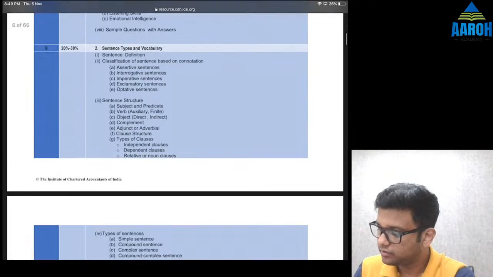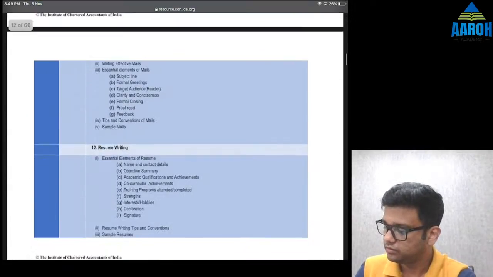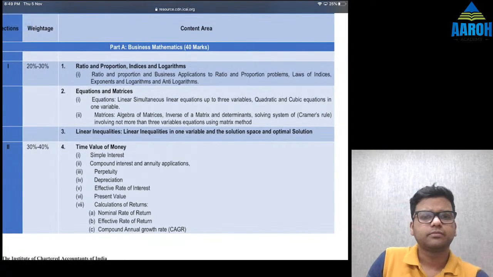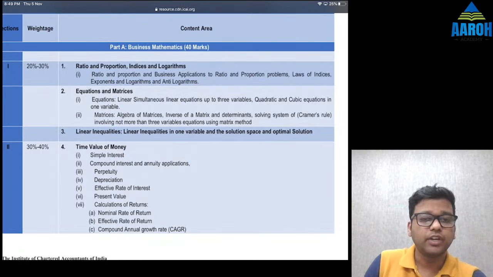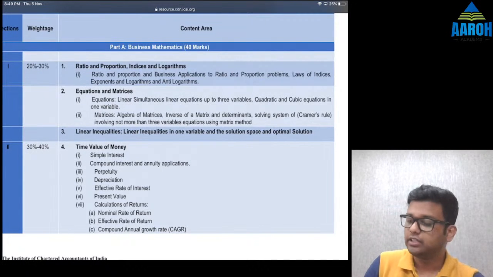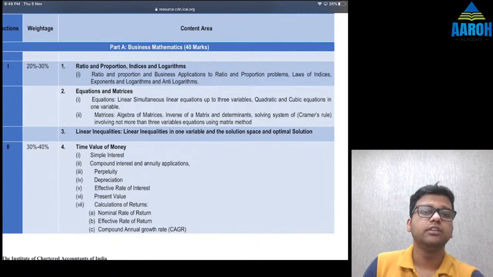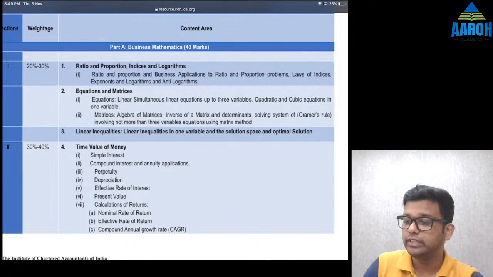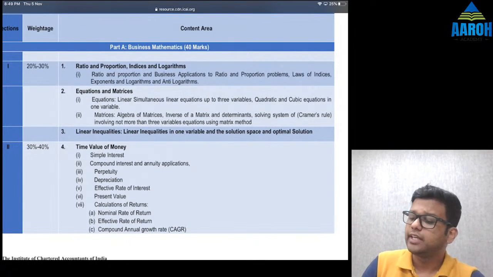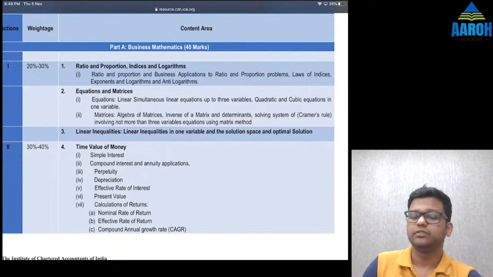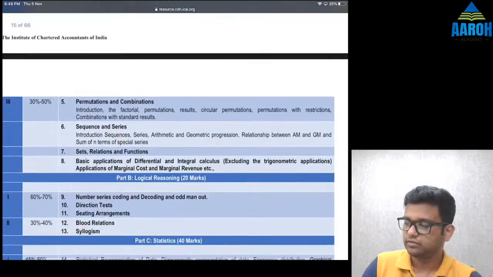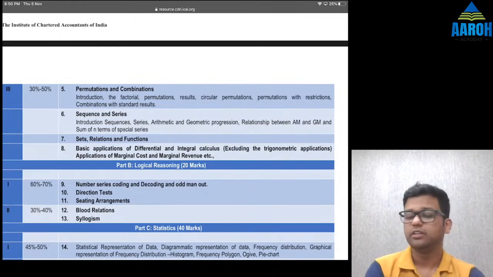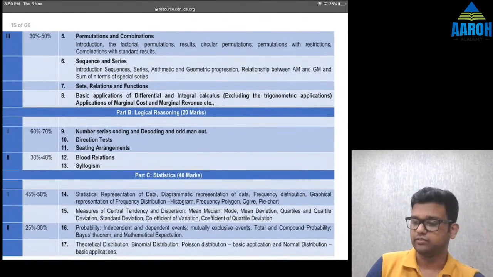So for maths, for those who don't know, it is like this. 30 to 40% is out of 40 for time value of money, so 12 to 16 marks are on time value of money only. Then 20 to 30%, that means 8 to 10 marks, are from the first 3 chapters. The remaining 6 to 10 marks are from the remaining chapters: APGP, permutations, sets, and derivatives, integration.